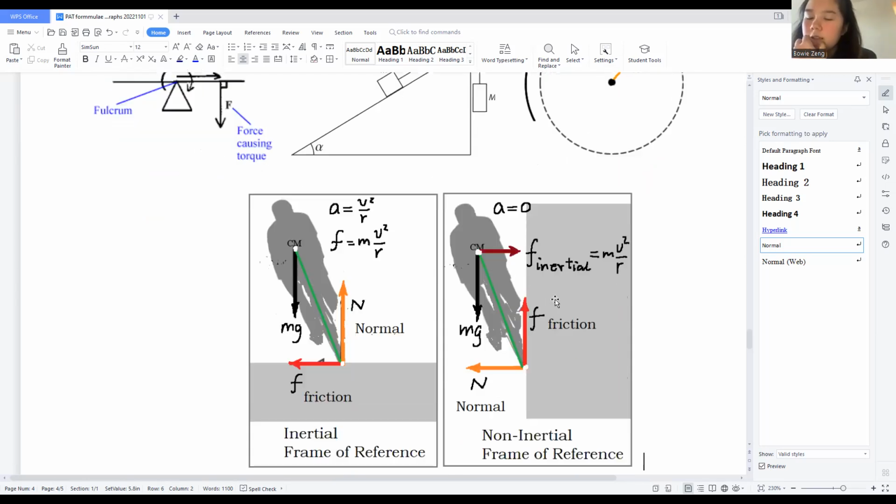In the non-inertial frame of reference, we use a force to represent that acceleration, which simply cancels the acceleration.